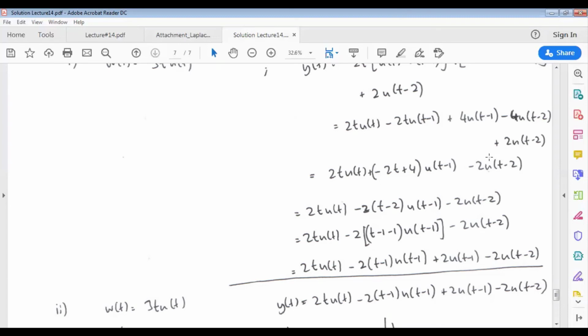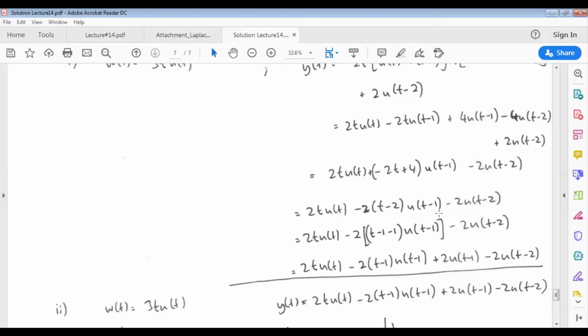Further on, we have 2t ut. For the second term, we can rewrite this as -2, taking out the 2 value. The inner side will be t minus 2 multiplied with ut minus 1. And the third term is here.